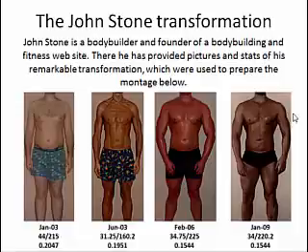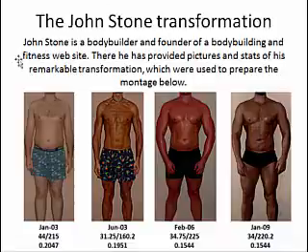Another interesting example of the waist to weight ratio is the John Stone transformation. John Stone is a bodybuilder and founder of a bodybuilding and fitness website, and he published extensively about his transformation on the web. He provided several pictures and stats of his transformation, where he went from obese, here on the left, to all the way to very lean and then more muscular.